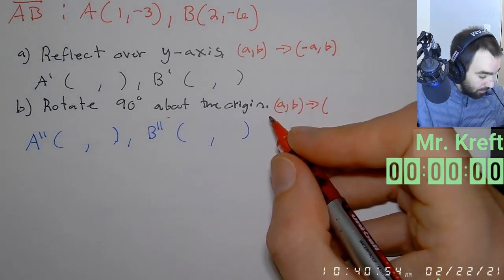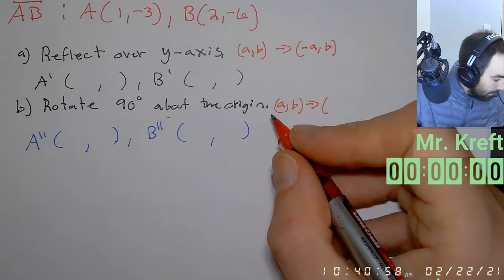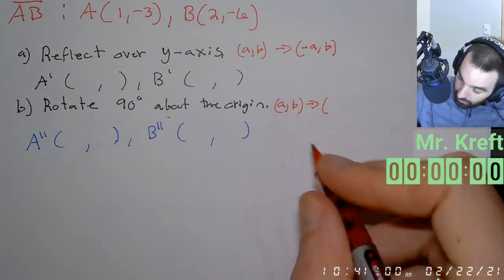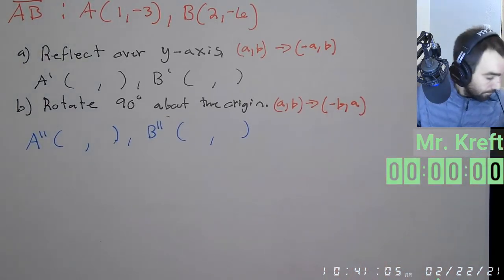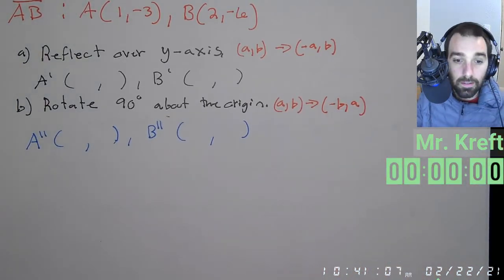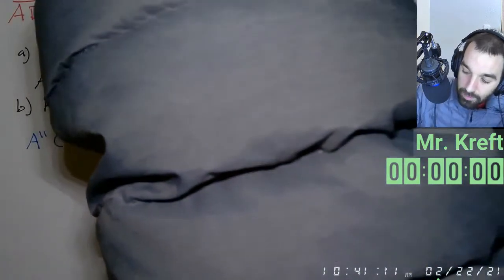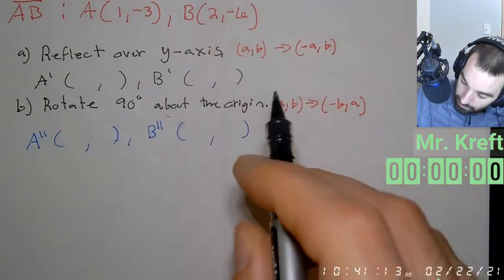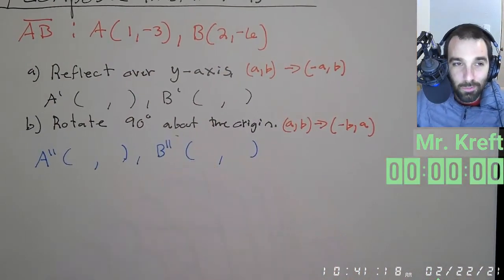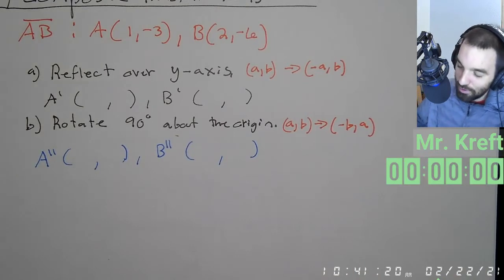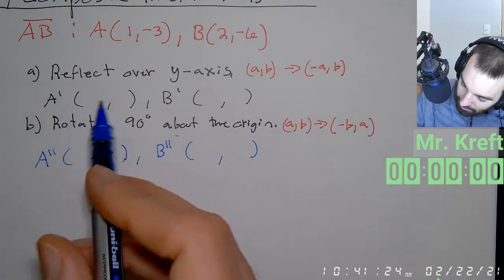So if I'm doing this with rotations, and I'm doing a 90-degree rotation, then I'm gonna have negative BA, like that. Yeah, we hope we didn't make a mistake. That would suck. Sorry if we made a mistake. I'm not trying to make mistakes. They just happen.